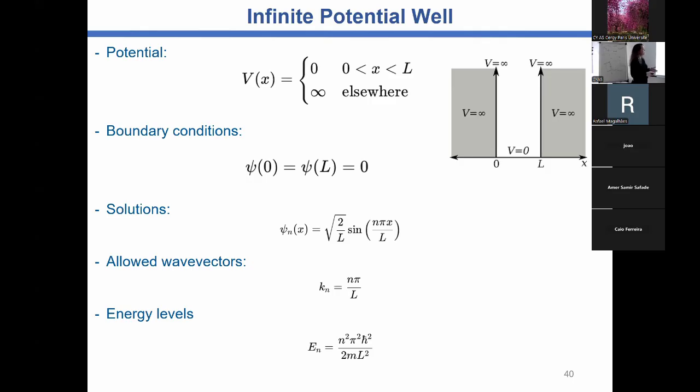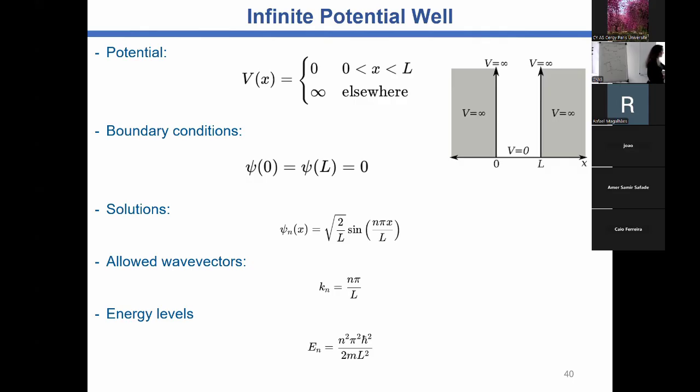So to solve this equation, we must use the potential that is 0 when the electron goes from 0 to L, and is infinite when the electron goes lower than 0 or higher than L. To solve this, the wave function can be solved using this equation, and the eigenvalues of the energy will be given in terms of the quantum number.